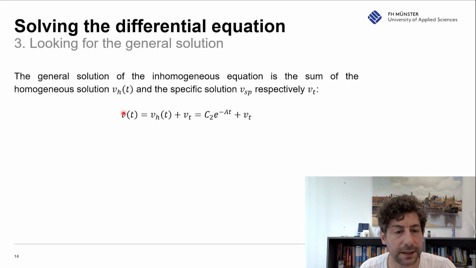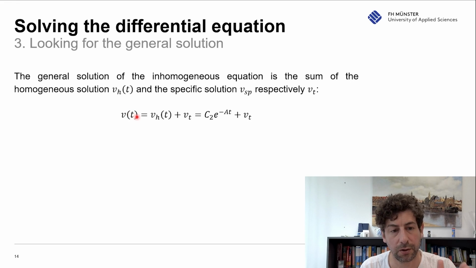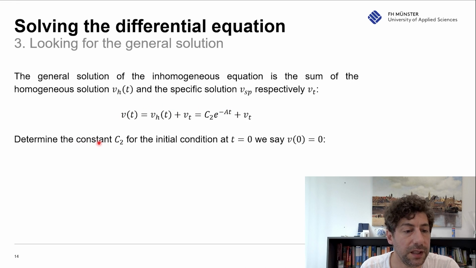So this means we can say the general solution vt equals, this is what we want to know, right? dv divided by dt has to be solved, so we want to have v as a function of t equals. And this is the homogeneous solution plus the terminal velocity. And inside the homogeneous solution, which is constant c2 multiplied by the e function to the power minus at, now we need to determine the constant c2, right? Because we don't know this, the rest we already know.